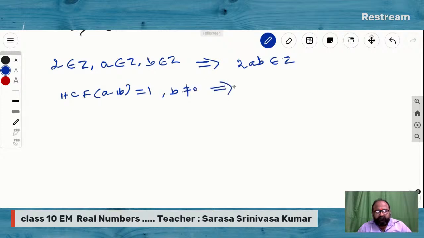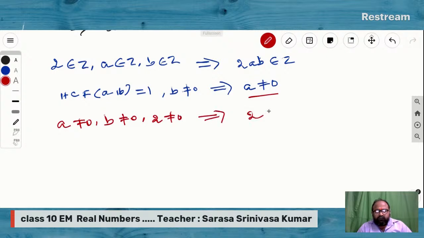This implies that a is also not equal to 0. So we have a is not equal to 0, b is not equal to 0 and 2 is not equal to 0. This implies that 2ab is not equal to 0.